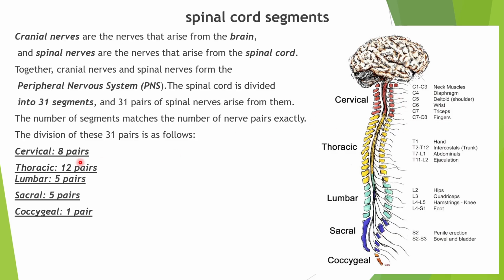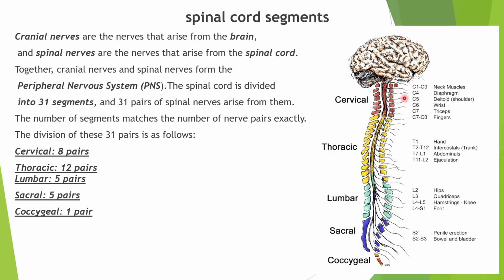Here the cervical region has 8 pairs, but in the cervical vertebrae, how many do we see? 7. So we'll see why it's 8 pairs. These are the pairs of the spinal nerves. Cervical 8 pairs, thoracic 12 pairs, you can see here, lumbar, sacral 5, coccygeal 1.